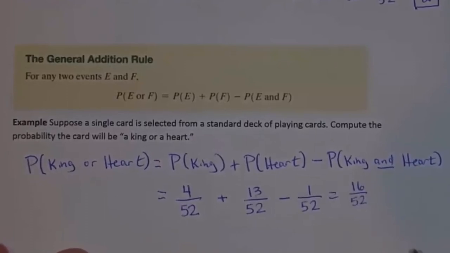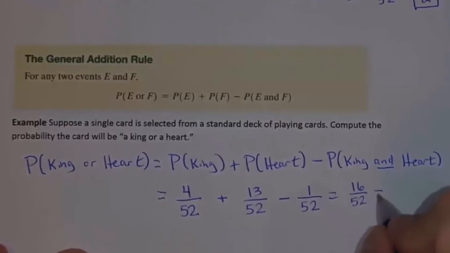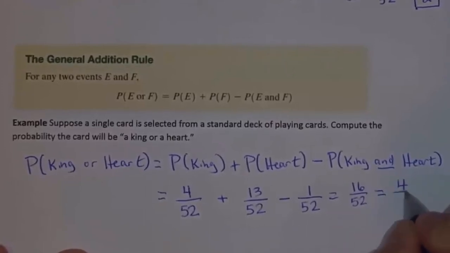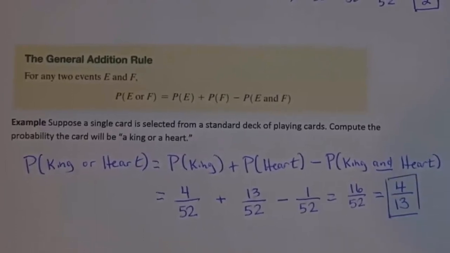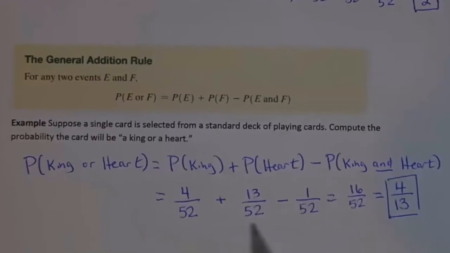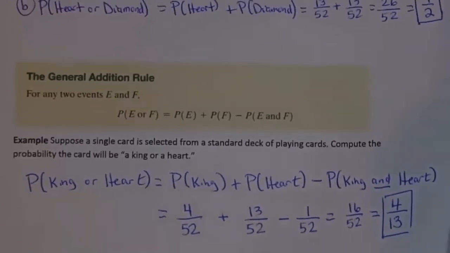And we can reduce that. 16 and 52 can both be divided by 4. 16 divided by 4 is 4. 52 divided by 4 is 13. So there is a 4/13 probability that the card that we draw out will be a king or a heart. So we just have to be careful here, again, to make sure we're not duplicating.